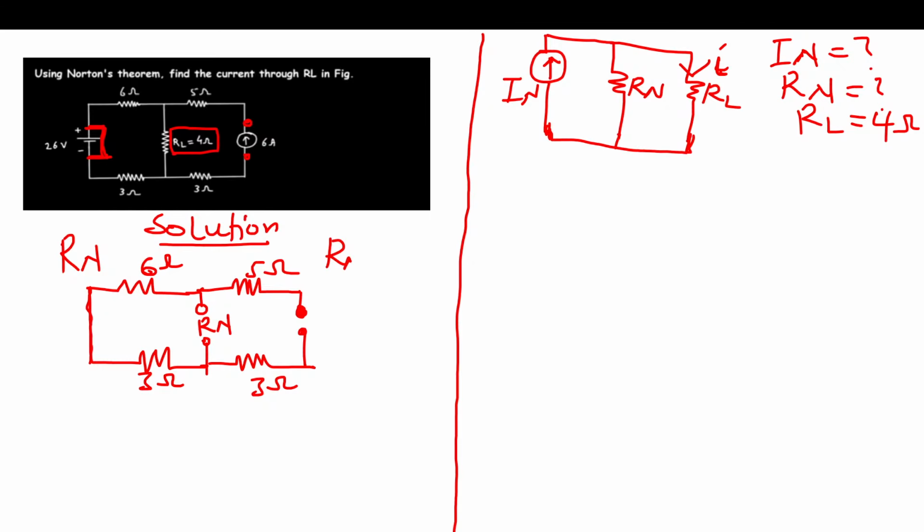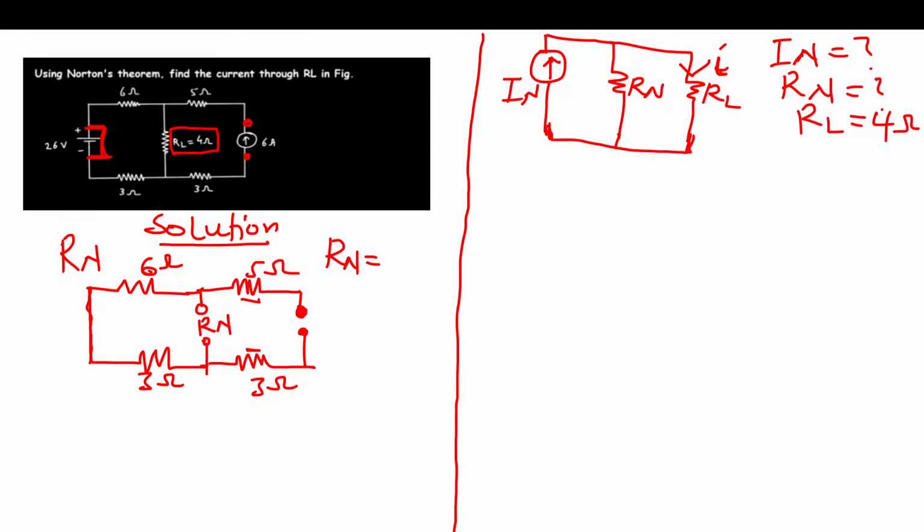Now how do you find Rn? Once again, Rn is the total resistance. Now, because there is an open circuit here, currents won't come to this part. So the 5 ohm here and the 3 ohms here are, in essence, not going to be of any use, since there is not going to be any currents coming in them.